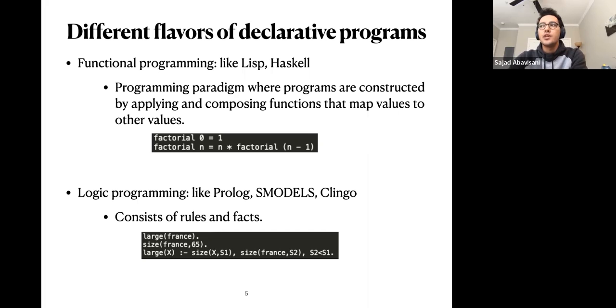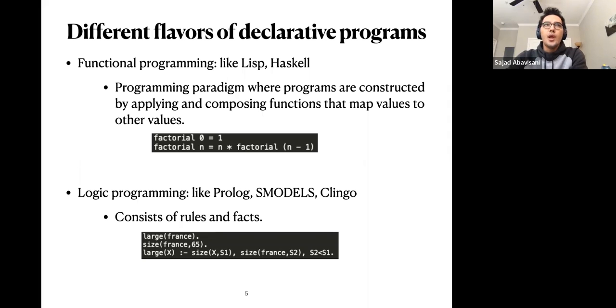It's based on 2 things: one is facts and the other one is rules. So here, for example, we have a fact that France is a large country, and we have another fact that France's population is 65 million. And there's one rule here that says that any country that is bigger than France is considered large, for example.